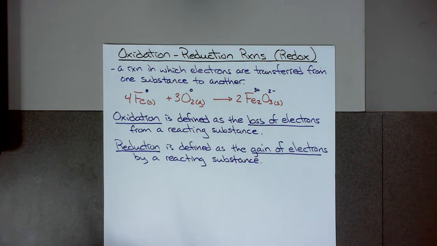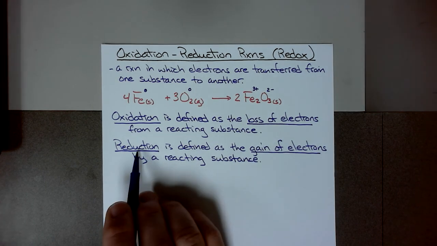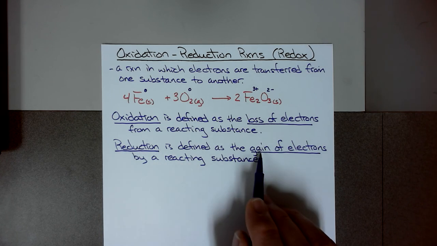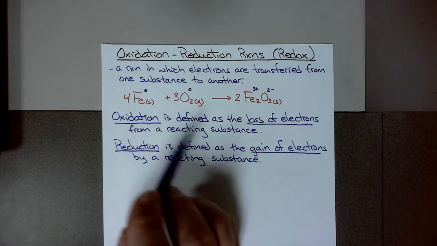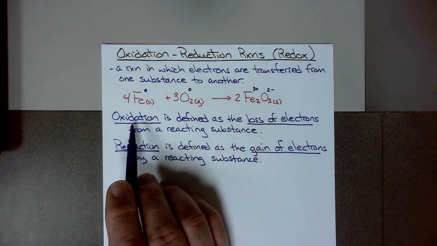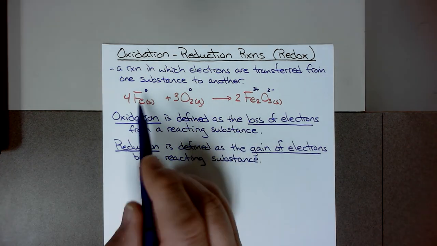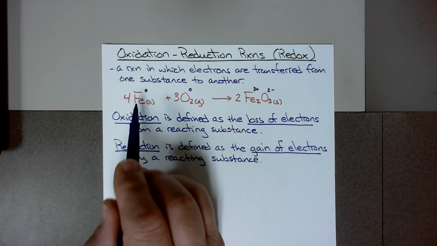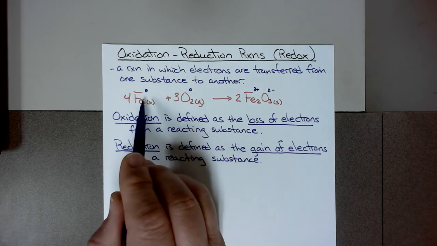Now, those terms seem kind of contradictory. If you think about it, reduction to me means that you're losing or reducing something, but in this case we're actually gaining electrons. And where did oxidation come from? Well, the reason these names ended up this way is that before scientists knew anything about electrons, they did these reactions.